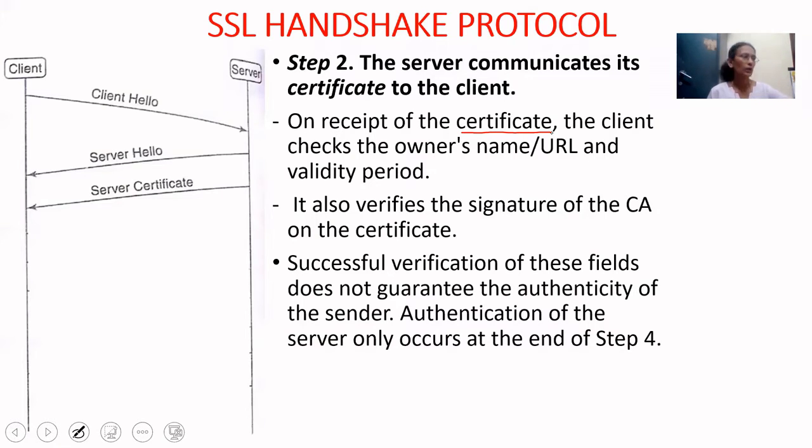We have seen already when we studied digital certificates that the validity period is also given in the digital certificate. So if the certificate is valid, only then it can be used. Also, you have the signature of the certification authority in the digital certificate, so that is also verified.